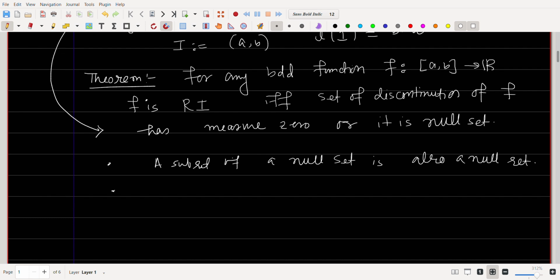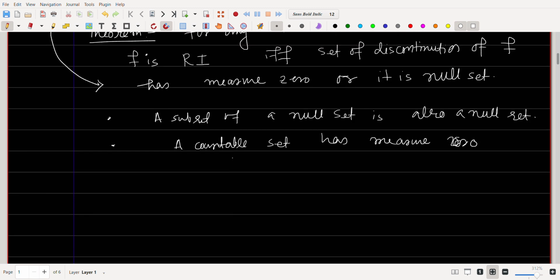And a countable set has measure 0. These two properties are very important, and there are other properties also, but you need these two.